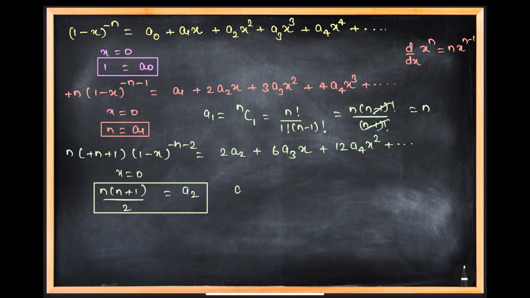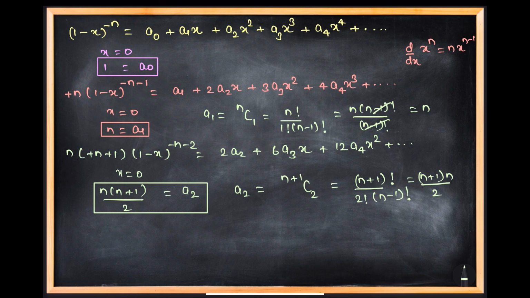Now look at this. I feel that I can write a2 as n plus 1 C 2. Look at why I'm telling you that. It is n plus 1 factorial by 2 factorial, and then n plus 1 minus 2 factorial, so we can write this thing as n plus 1 into n minus 1 factorial over 2, so n minus 1 factorial cancels.